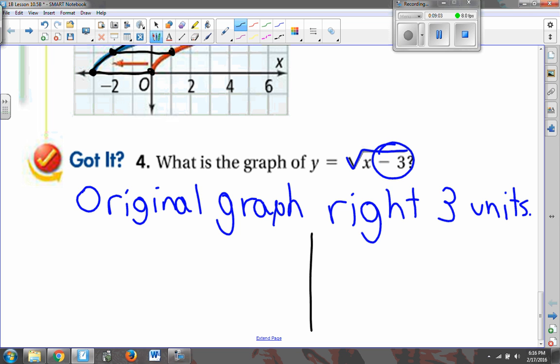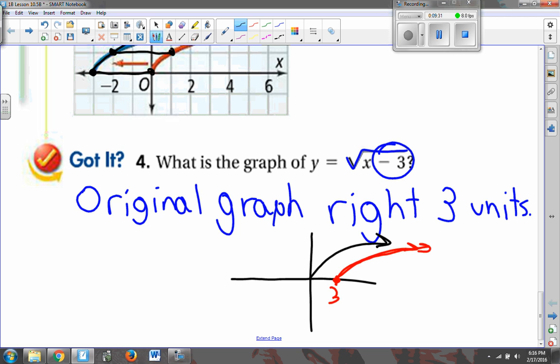And if I gave a quick sketch of that, there's my original square root function. Moving to the right 3 units just puts me here. Just takes every point and moves it to the right 3 units. This is what I have done.